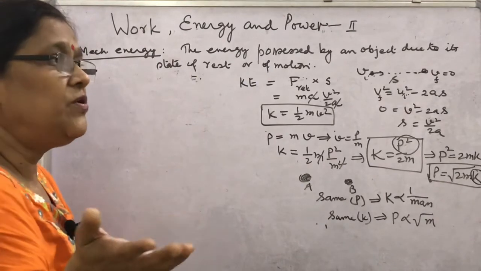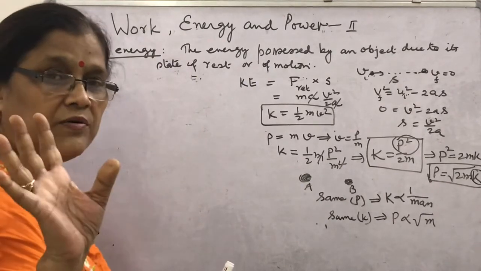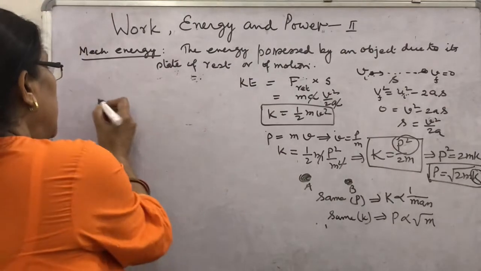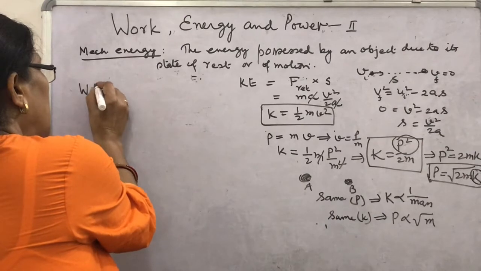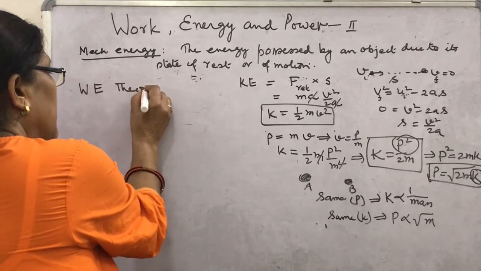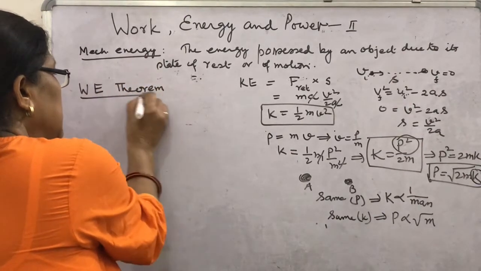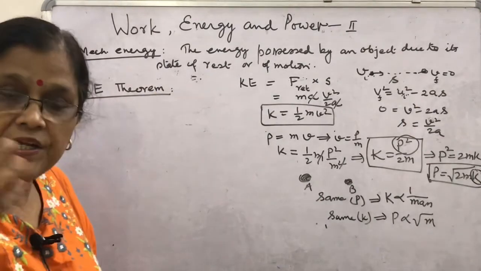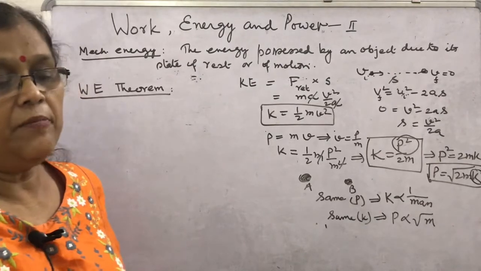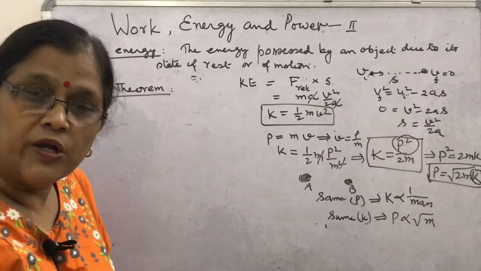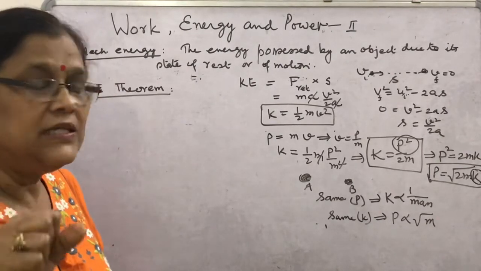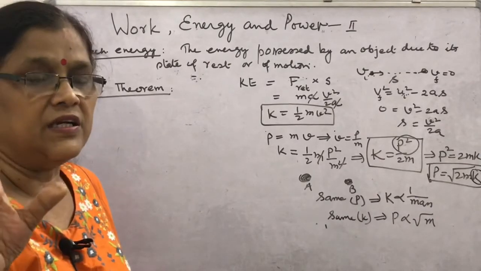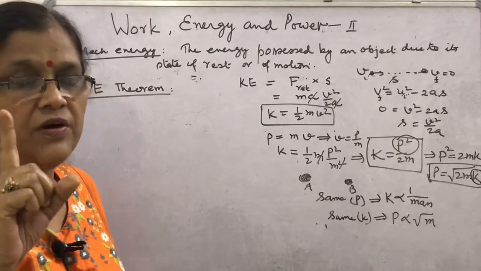You know, if you know only the work done formula F into S, you can't calculate. There is an important relation, work energy theorem. First, you know what is this theorem? The work energy theorem states that work done by a force on a moving body is equal to change of its kinetic energy. Learn one line.